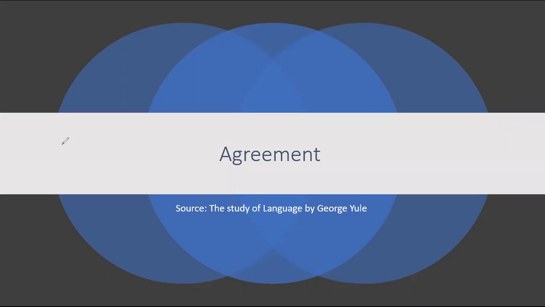All right, class. Today I'm going to talk about a very important topic, that is agreement. Apart from parts of speech, the traditional grammar has given us some more concepts or topics to help us analyze English structure.